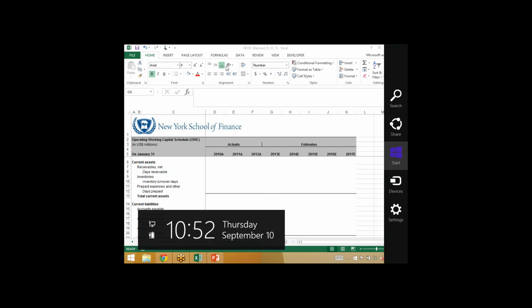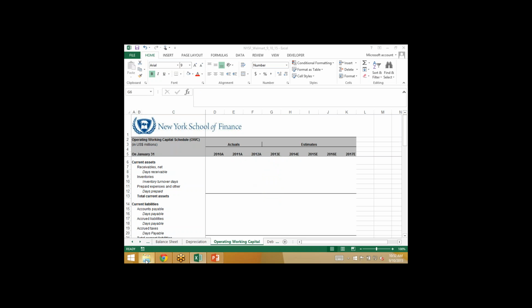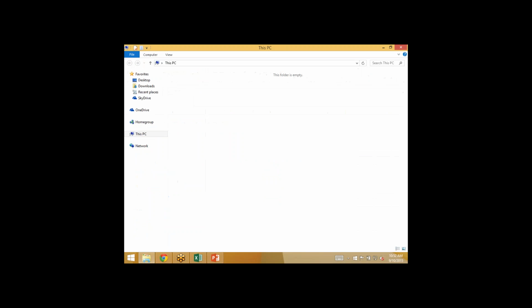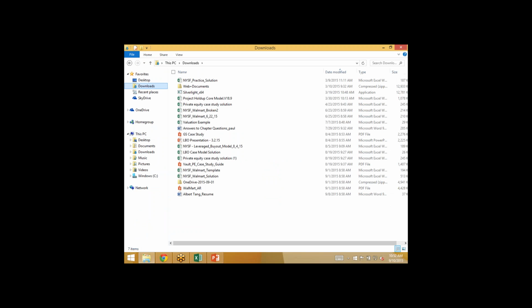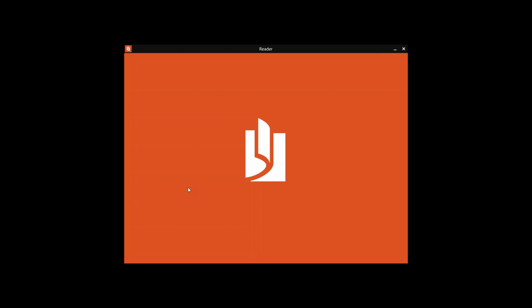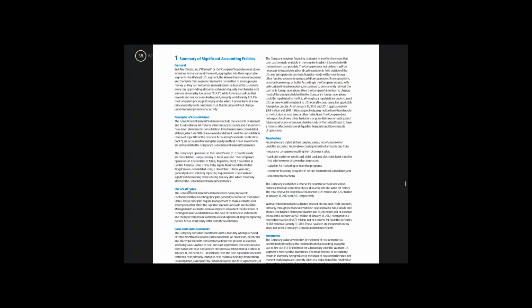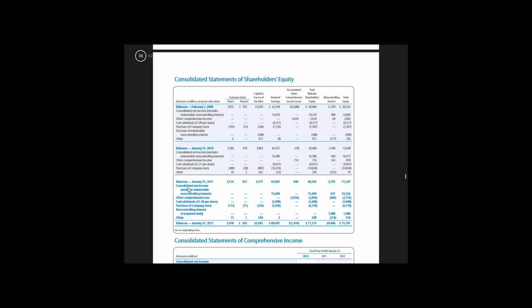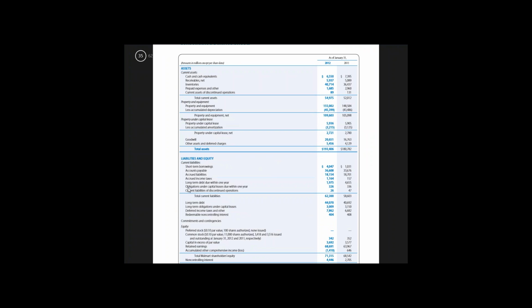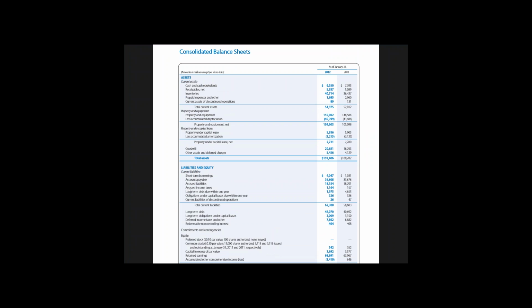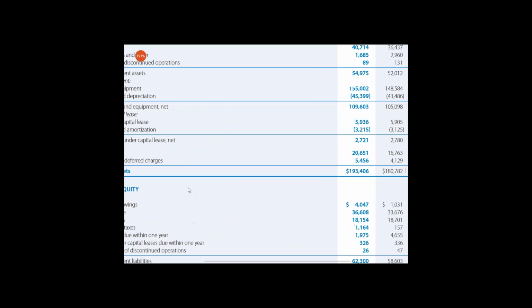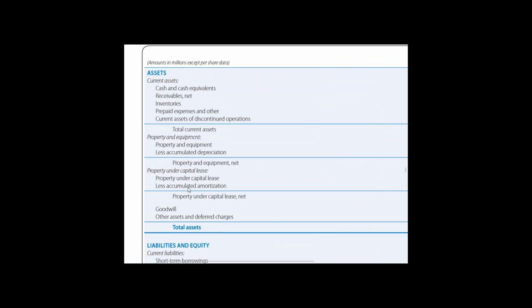So if we go to Walmart's annual report, and if we look at the balance sheet, we'll spend next week hard coding the balance sheet completely, but you'll see that in the asset section we have current assets, total current assets, and then non-current assets.